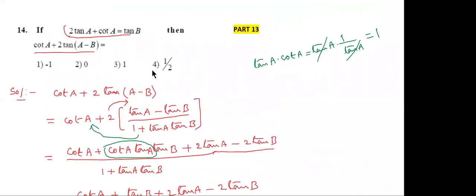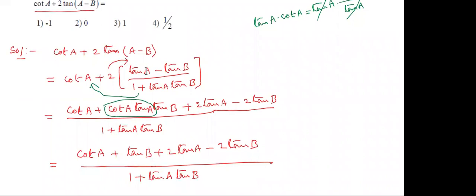What is the condition? 2 tan A plus cot A value is tan B. Where are these terms? These two. 2 tan A plus cot A, that is tan B.